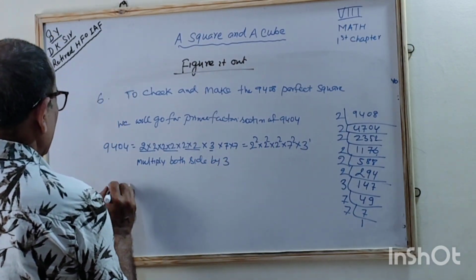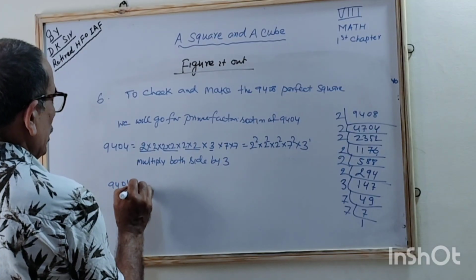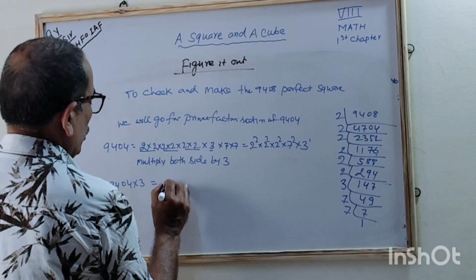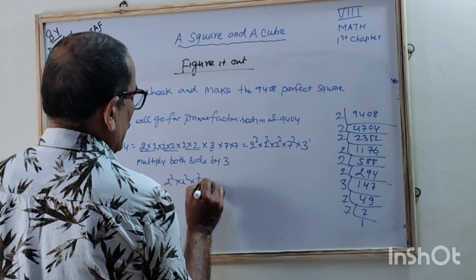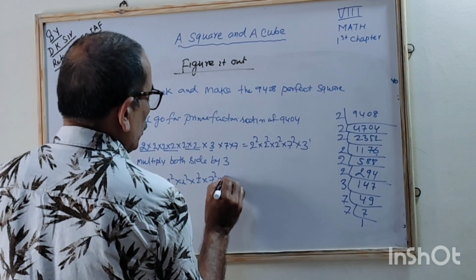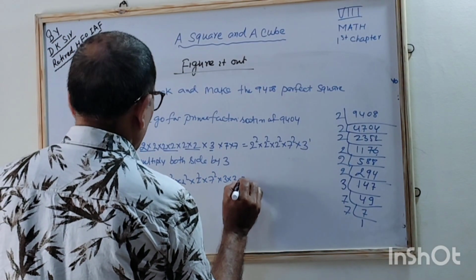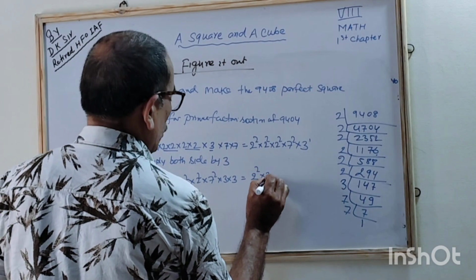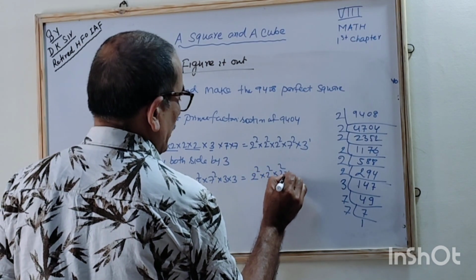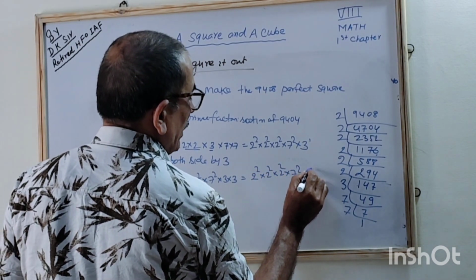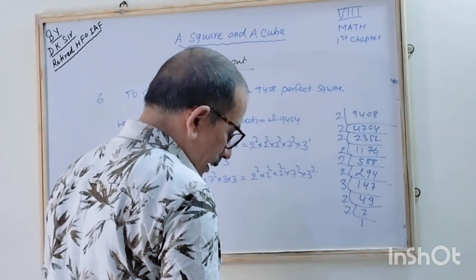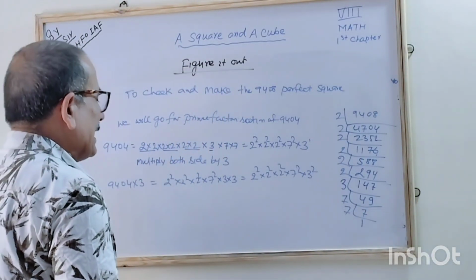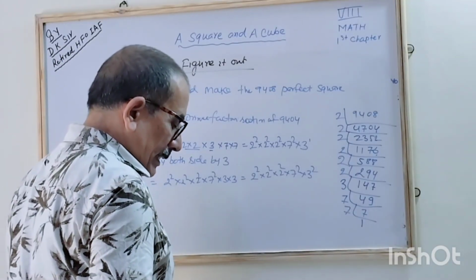So 9408 into 3 will be equal to 2 square into 2 square into 2 square into 7 square into 3 into 3. So we can write it as 2 square, 2 square, 2 square, 7 square and 3 square, and now it has become a square. So 3 is the number which makes it a square.